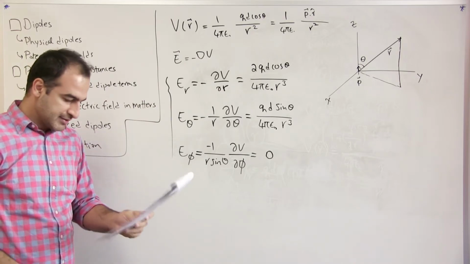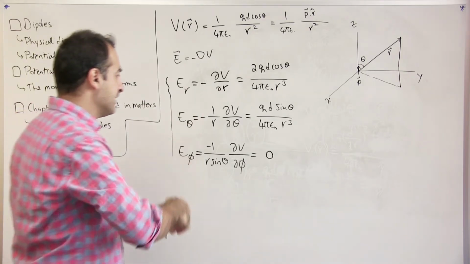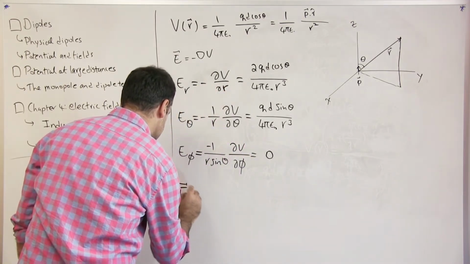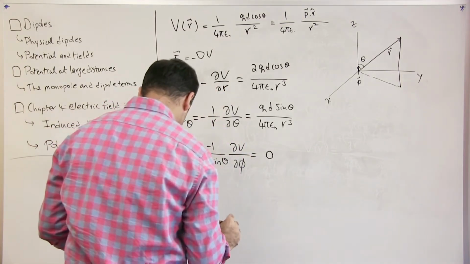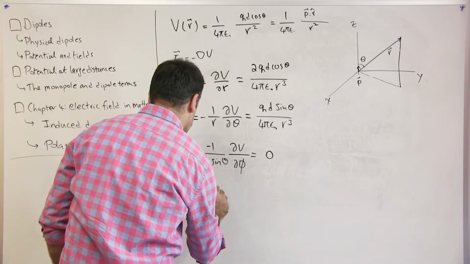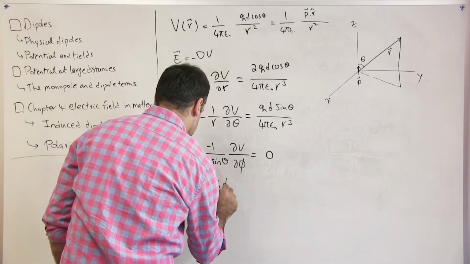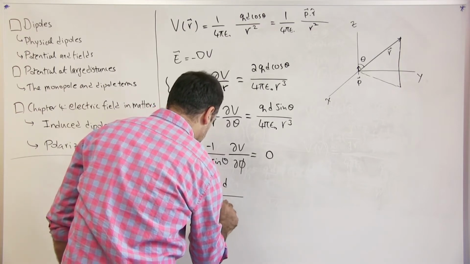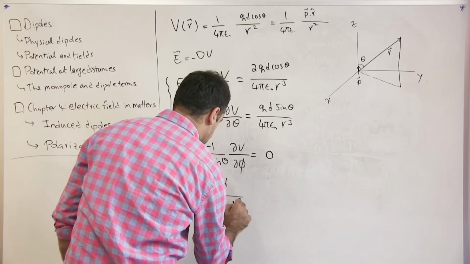So combining everything, the electric field as a whole, we can write it in terms of QD divided by 4 pi epsilon 0 r cubed.